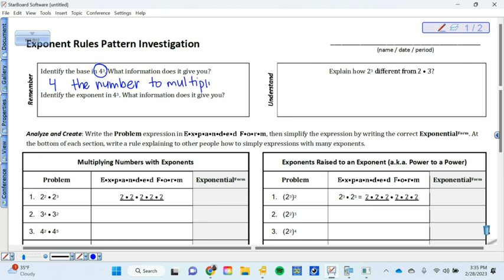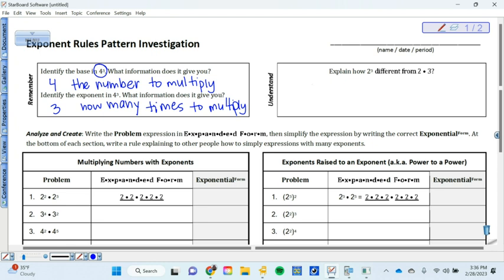And what is the exponent in 4 to the third power? Yeah, it's how many times to multiply, but in 4 to the third power, what is the exponent? 3. Yeah, 3. Good. To multiply. Okay, and 3 was the exponent here.